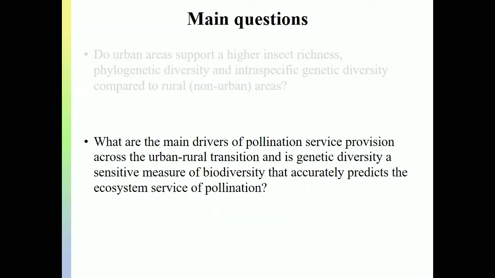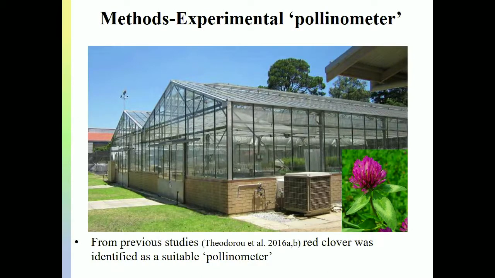What we also wanted to explore is which are the main drivers of pollination across the urban-rural transition, and whether genetic diversity is an important component of biodiversity that could predict the ecosystem service of pollination. To do that, we needed to pick a pollinometer to measure the ecosystem service of pollination.